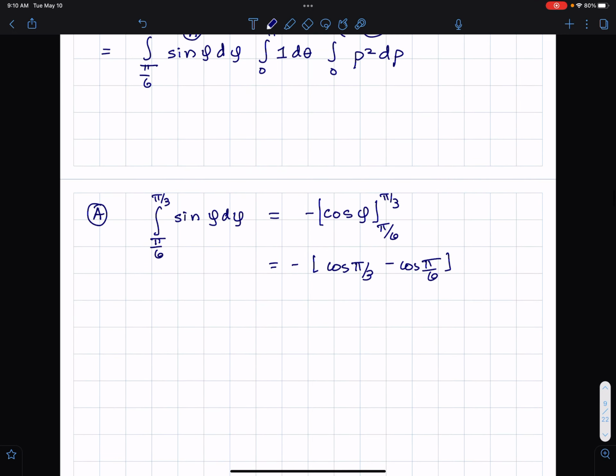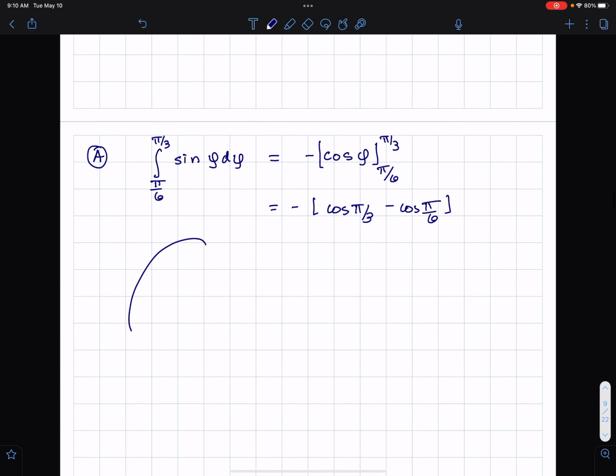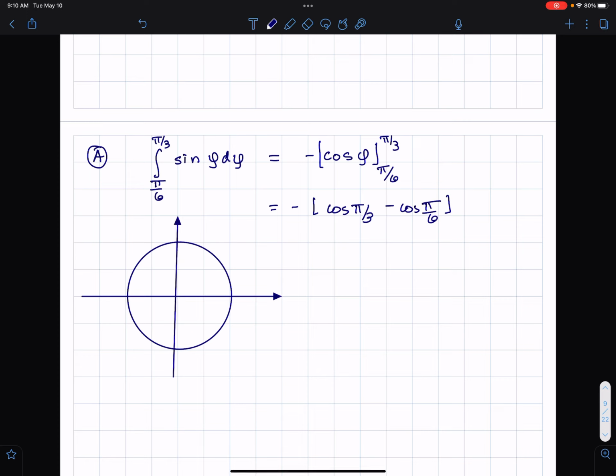And how do you evaluate that? Do you have the unit circle sitting inside your head? You can access it. So pi over 3 is up here. This is x and y, but pi over 3 is up there. It's 1/3 of, here's pi, so it's 1/3 of that upper semicircle.